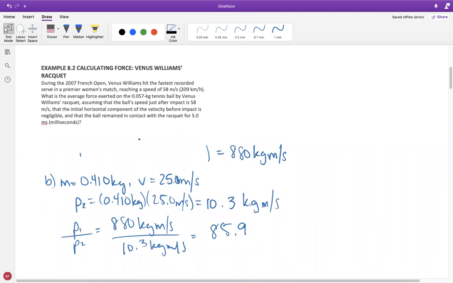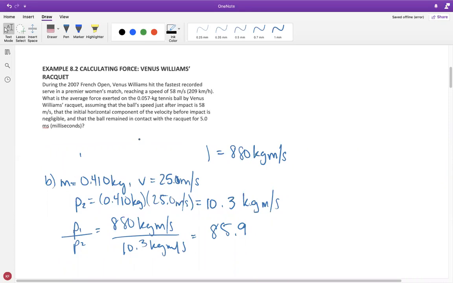We're now going to be calculating a force. Okay, so this problem basically states that there was a record of a speed, which is 58 meters per second. And we want to know the average force exerted on a tennis ball, which has a mass of 0.057 kilograms.